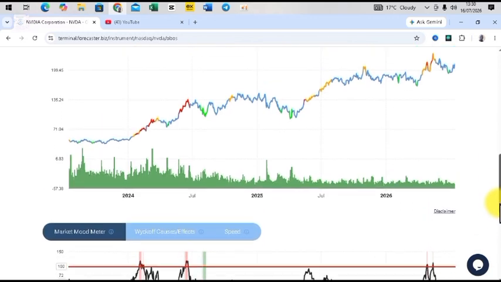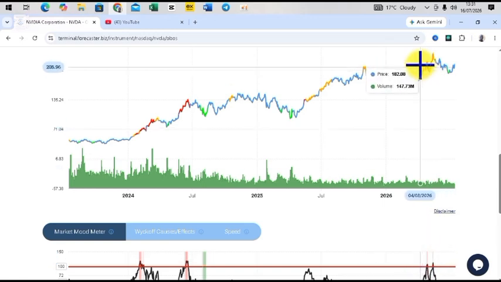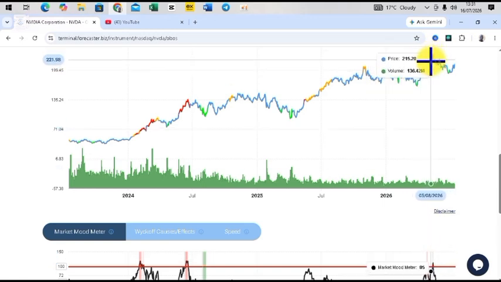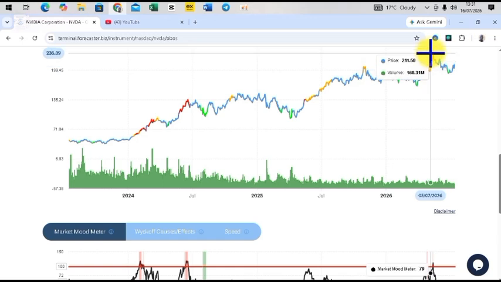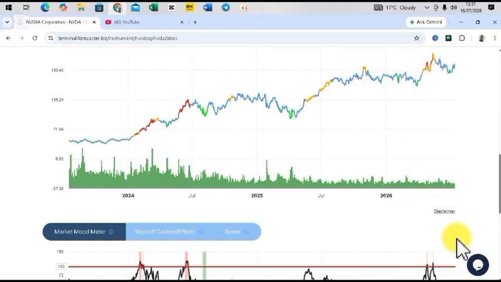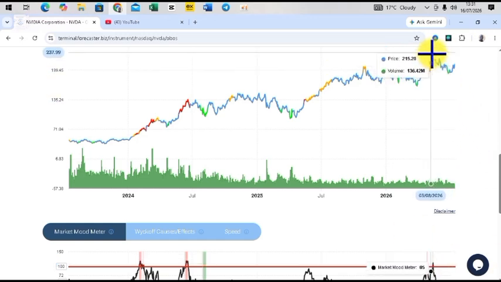So for example, when you come here, you find this is a higher high. From this high to this high, this is a higher high, right? But here you see relatively equal highs. So that would show price is losing momentum using this indicator, the market mood meter, and it's likely to begin falling, and you can see exactly that's what happened.